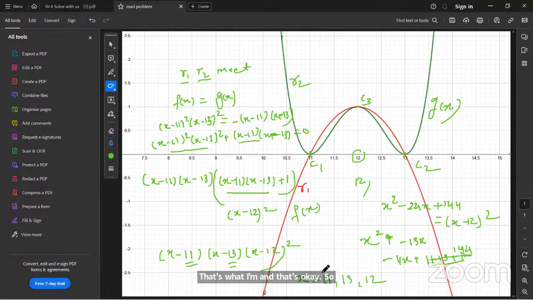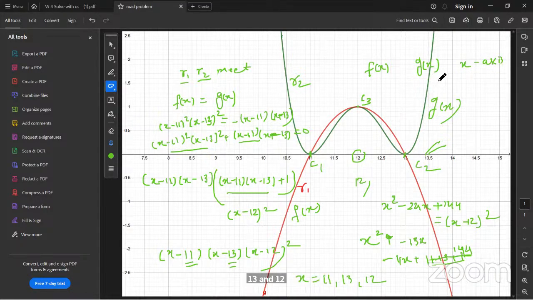Now the question is saying the first two cities are intersecting with the x-axis. It means that wherever your f(x) and your g(x) meet the x-axis, that will be your first two cities.